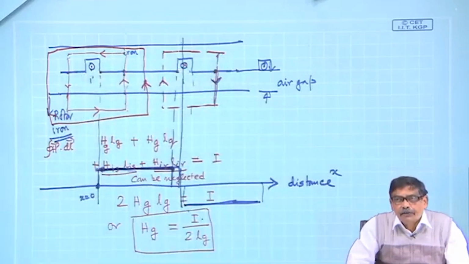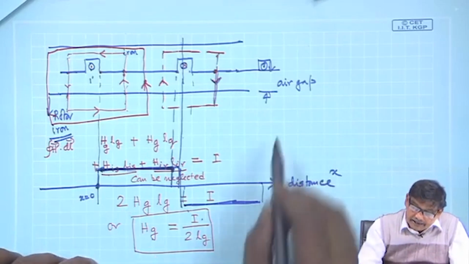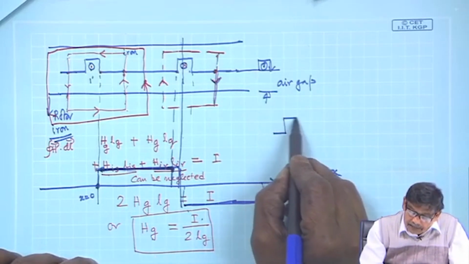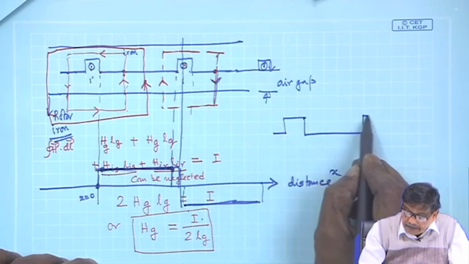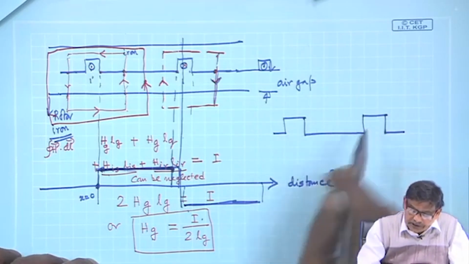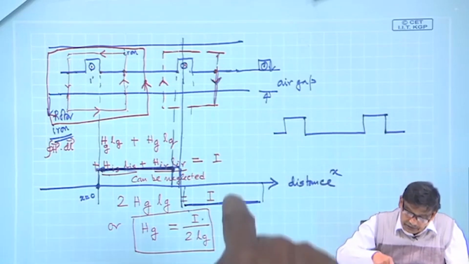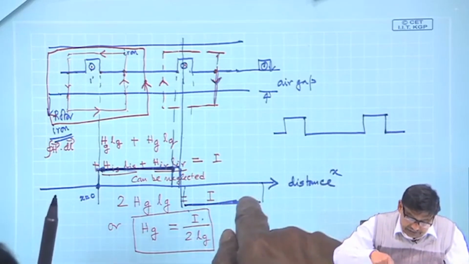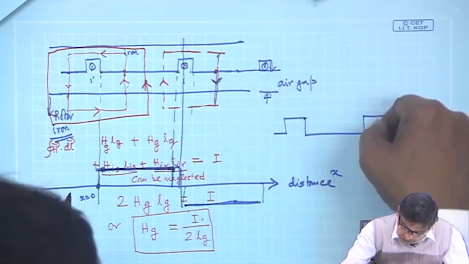How many turns this coil is having? Only one turn. I can make a coil having multiple turns. Single coil I will make. Suppose these are the two slots, you take a single piece of long wire, you start winding like this, you go this way, at the back you come back, draw that wire.